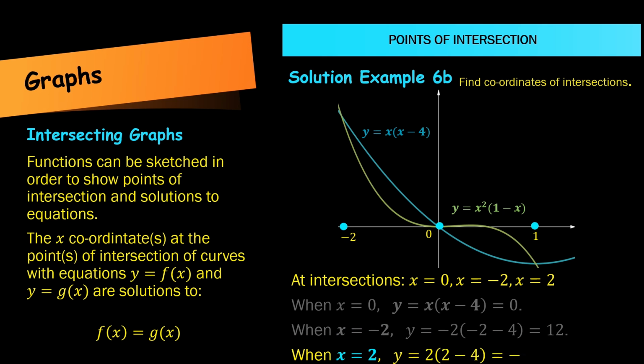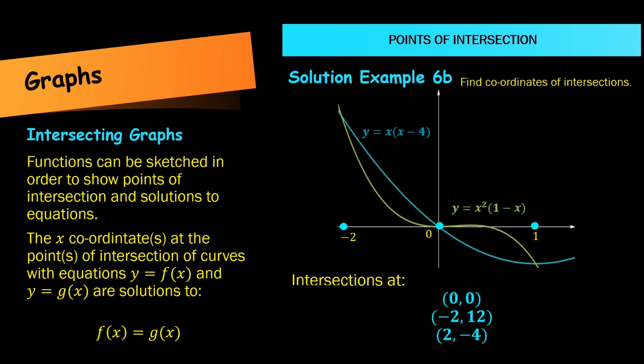And when finally x equals plus 2, substituting x equals plus 2 in the equation, it could be either of the equations, we get y equals minus 4. And therefore the curves intersect at 0, 0, minus 2, 12, and 2, minus 4.